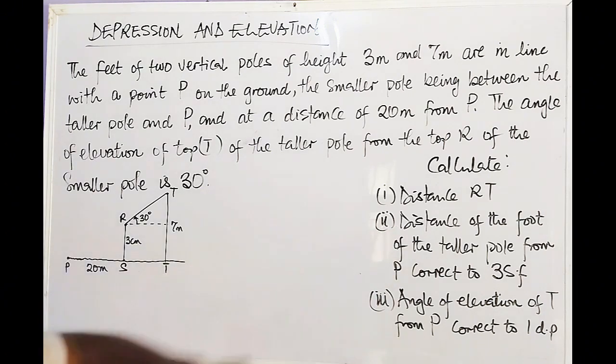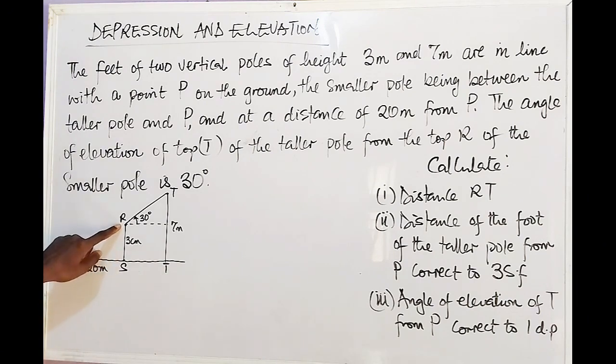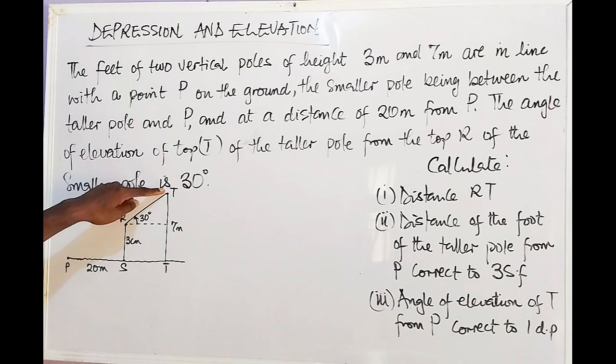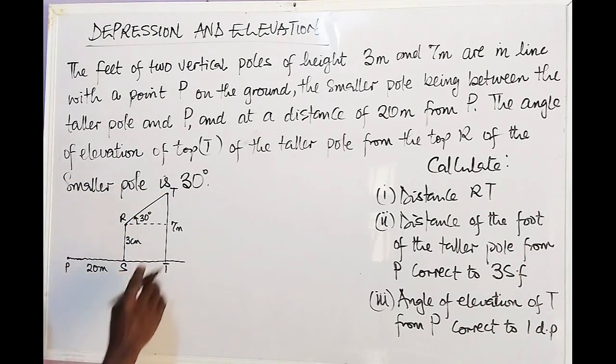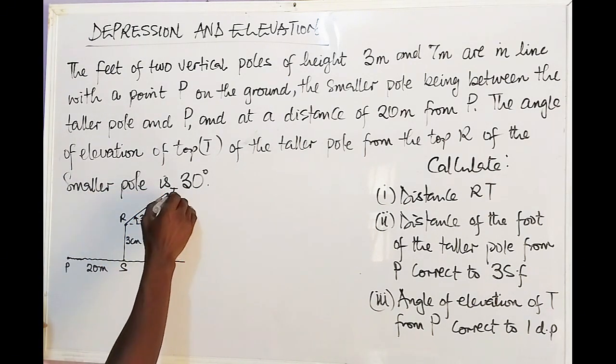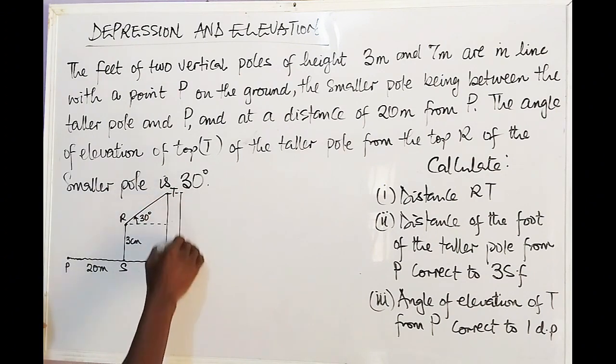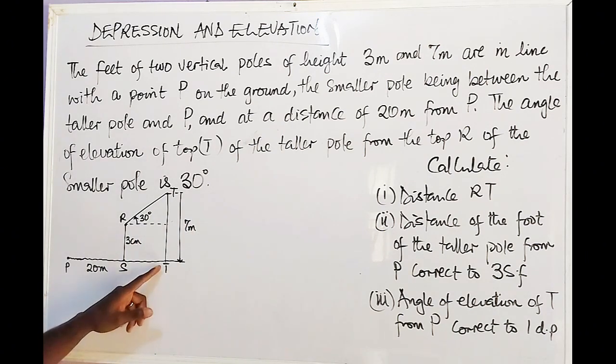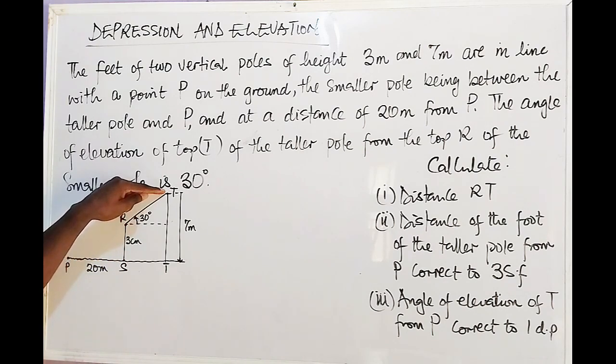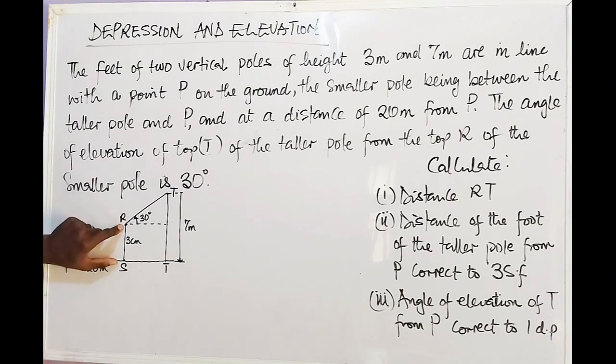Now the distance RT, that is from here to here, is what we're looking for. Let us take note that from the top here down here is 7 meters. Originally from here to here, which is the smaller pole, is 3 meters.